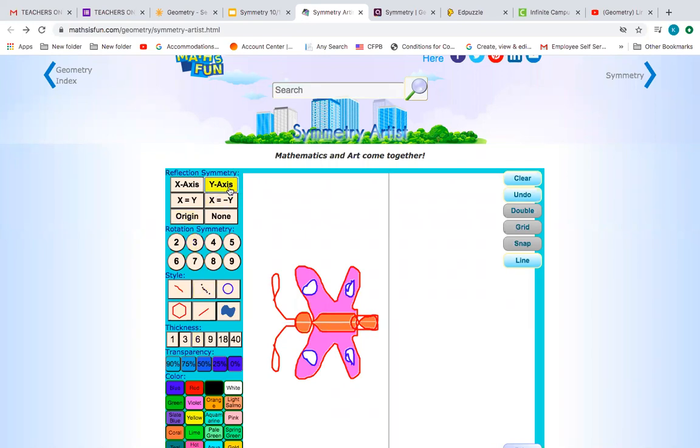You can do the y-axis now. If you want to do something over here, another butterfly, I will do another butterfly over here and see what happens.